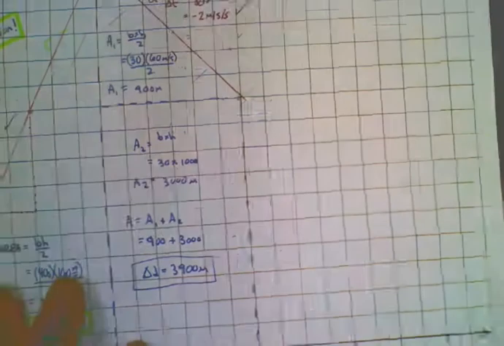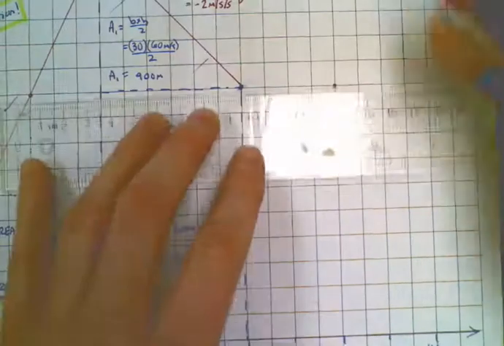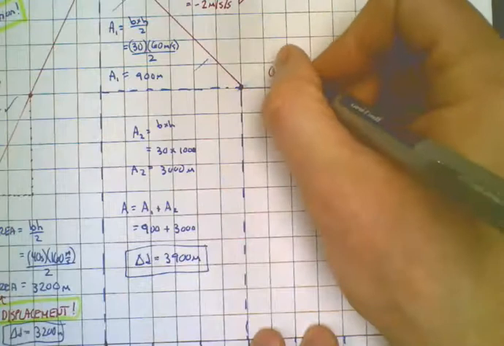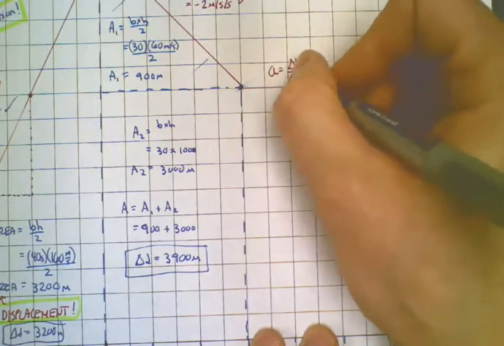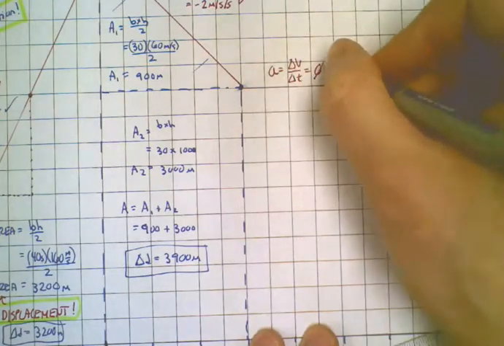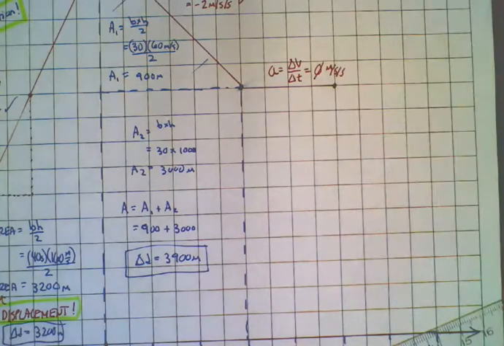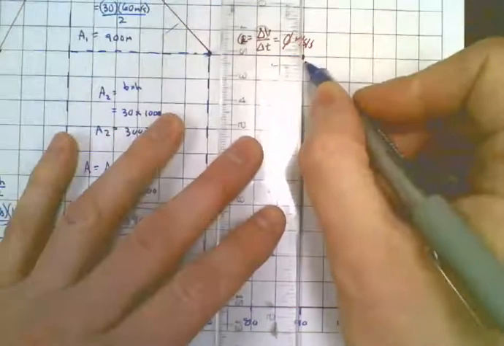Okay. The next part says he moves at a constant speed for 20 seconds. Well, constant speed, 20 seconds is right here. Doesn't change the speed. Slope's easy for this one. The acceleration, delta V over delta T, equals 0. There's no slope. It's not accelerating. So finding the area for this section is pretty straightforward.